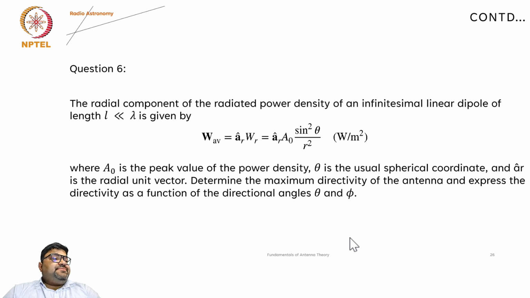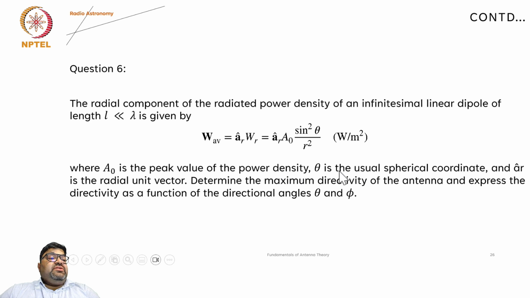Question number 6. The radial component of the radiated power density of an infinitesimal linear dipole of length L less than lambda, the wavelength of radiation, is given as W average equals a radial unit vector times W R, given by A0 sine square theta by R square.